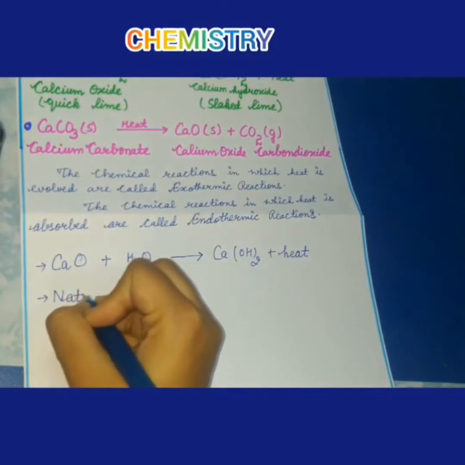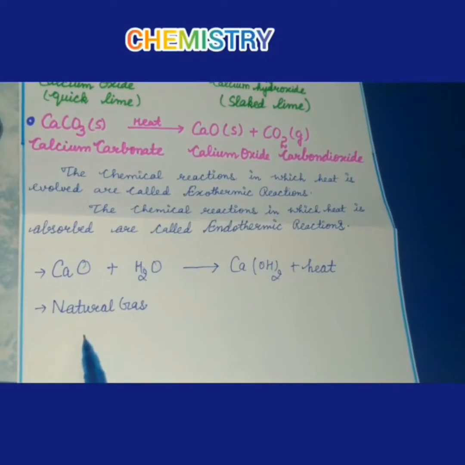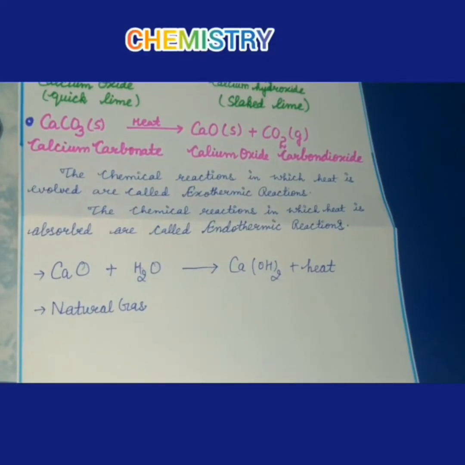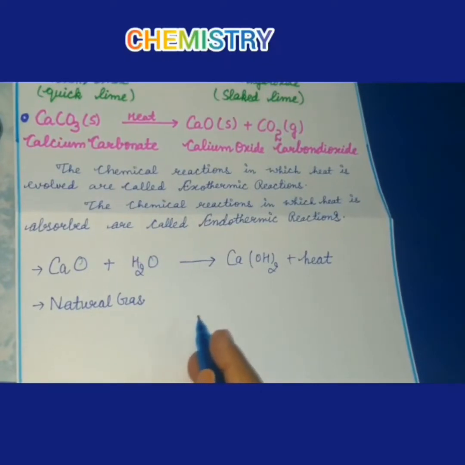Natural gas. We also have studied about natural gas in the chapter of physics, that is sources of energy. So students, natural gas is nothing but methane gas. Burning of natural gas is an exothermic reaction.